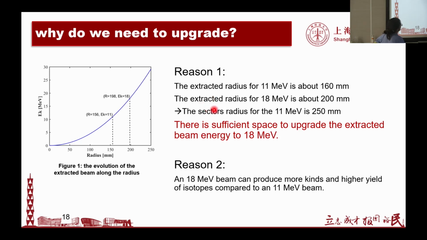The sector radius of the 11 MeV is 250 millimeter, so there is sufficient space to upgrade the extracted beam energy to 18 MeV. The reason is that 18 MeV can produce more current and higher yield of isotopes compared to the 11 MeV cyclotron.